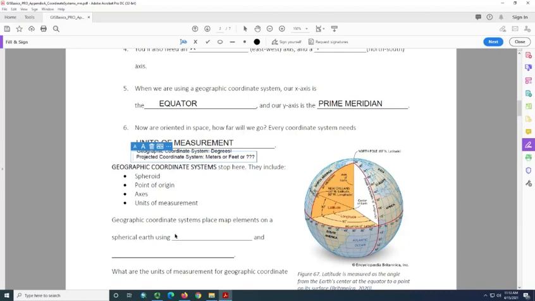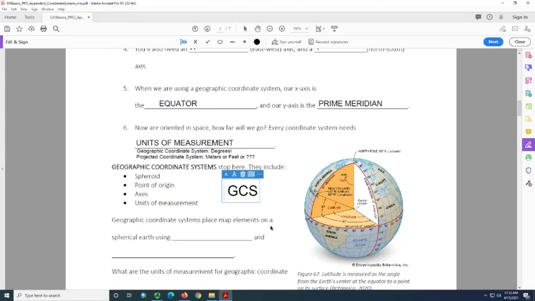Geographic coordinate systems are sometimes abbreviated. I'm just going to pop it right in here so you see it. GCS. So if you see GCS, I'm going to make that big just so it stands out for you guys. If you see GCS in a coordinate system, it means you're dealing with a geographic coordinate system, okay, GCS.